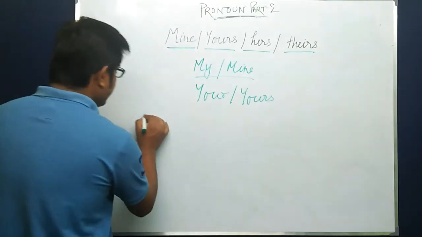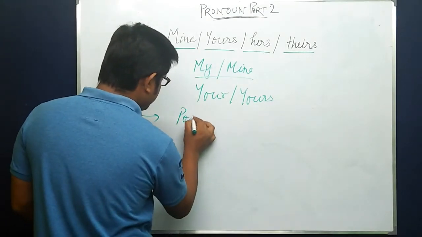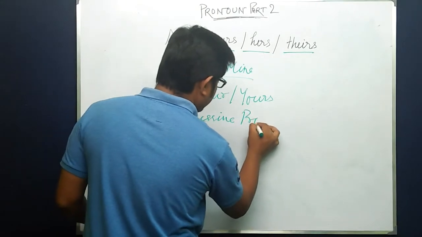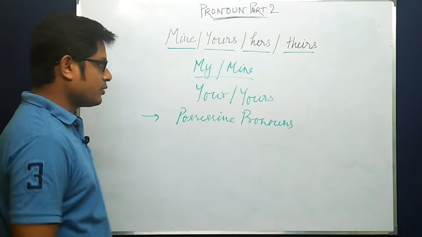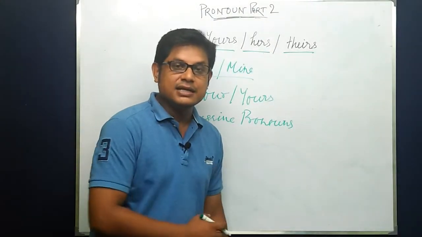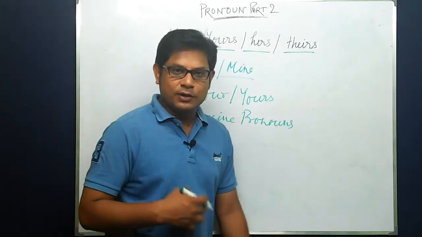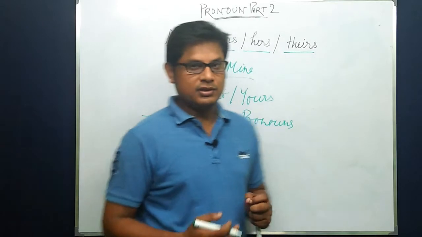See, as I said, these are all possessive pronouns, but these are not used as determiners. So as they are not determiners, they are not used with any noun. Clear?